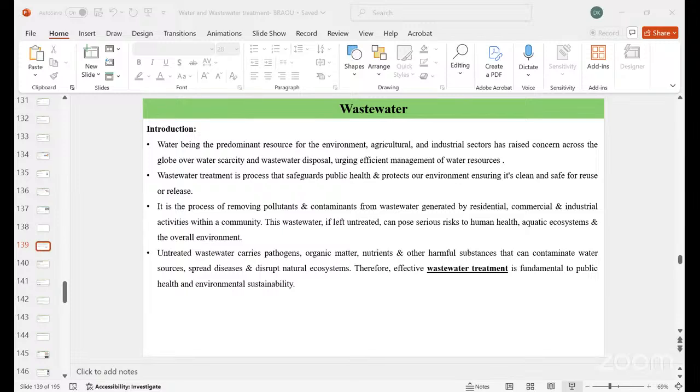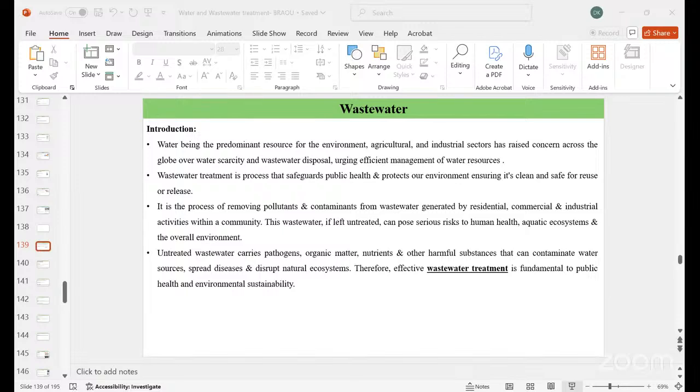It can also be measured by the gravimetric method. Coming to total dissolved solids, that is the portion of the total solids that passes through the filter. TDS can affect the taste and suitability of the water for various uses, either drinking, industry, or other purposes. The measurement is again by the gravimetric method.